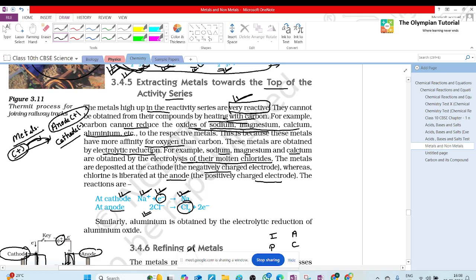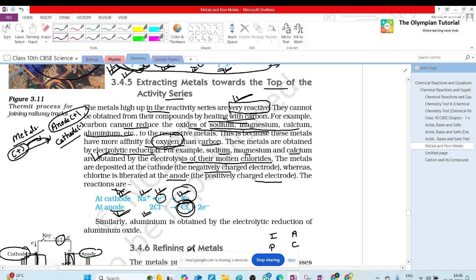That's why carbon cannot detach them from the oxygen. Are you getting the point? For this purpose, electrolytic reduction is used. In electrolytic reduction, like electrolysis, at the cathode we will get sodium, and at the anode we will get chlorine.